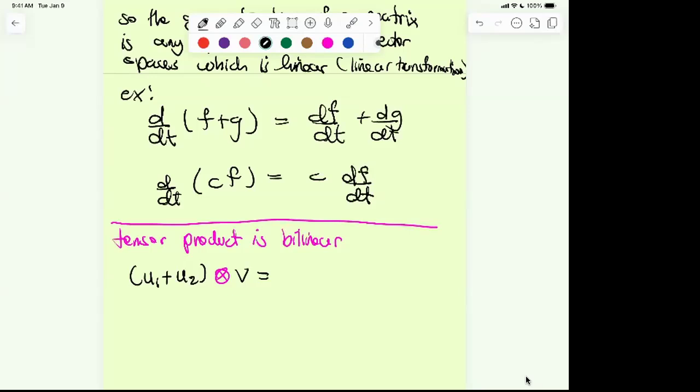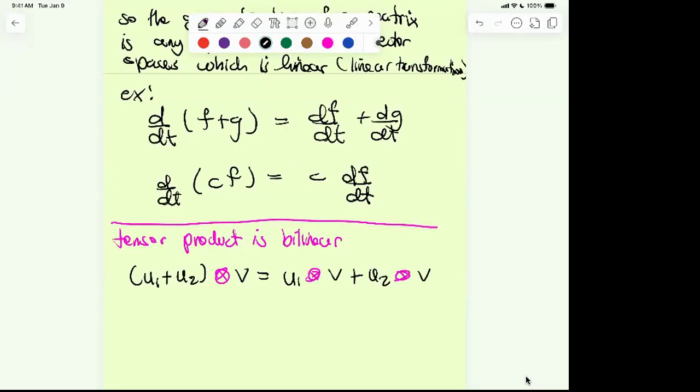So that is the same as U1 tensor V plus U2 tensor V. The way we think about it is that it is linear in the first variable, but it's also linear in the second variable.